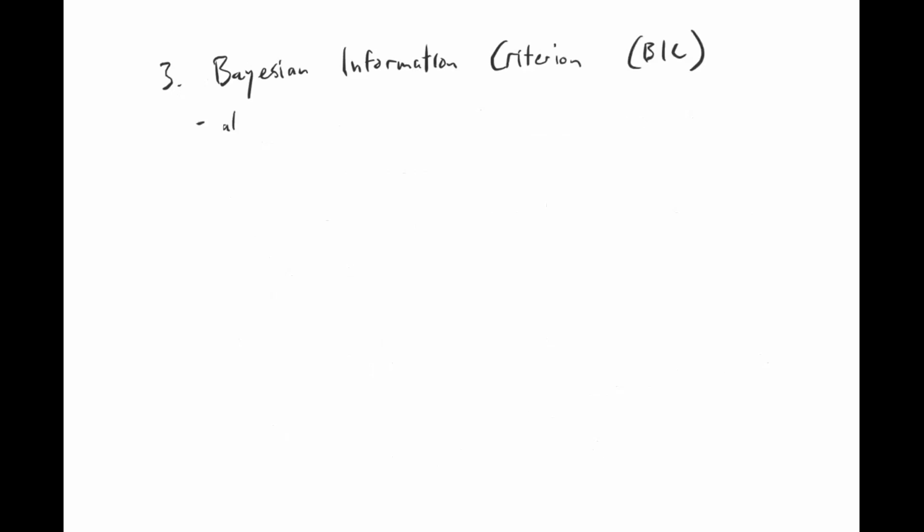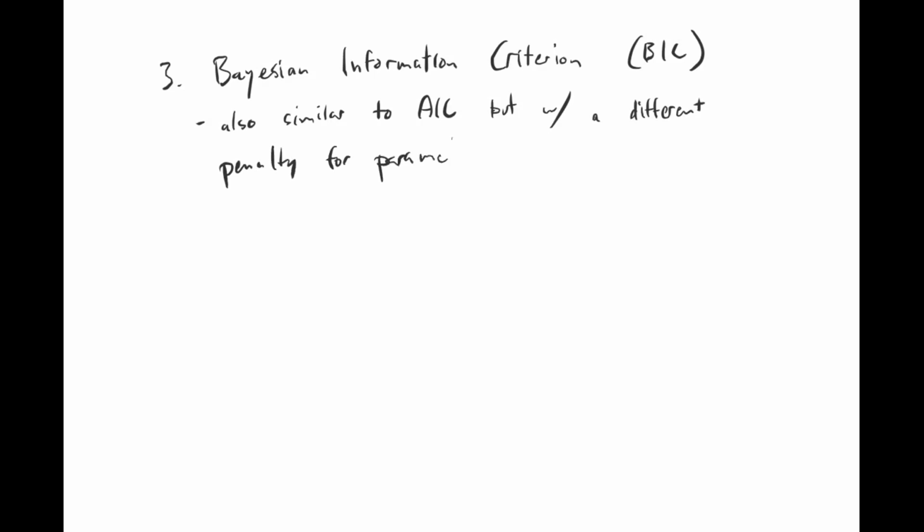So also similar to AIC, but with a different penalty for parameters. BIC is going to be equal to the log of n times k minus 2 ln of your likelihood.